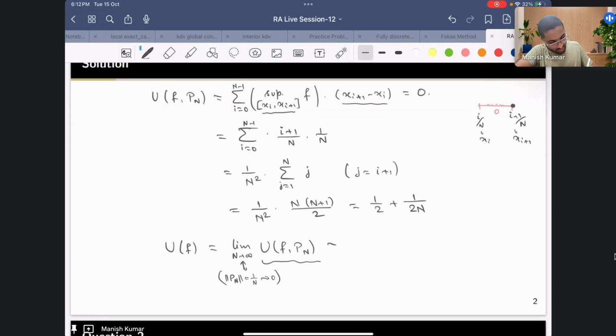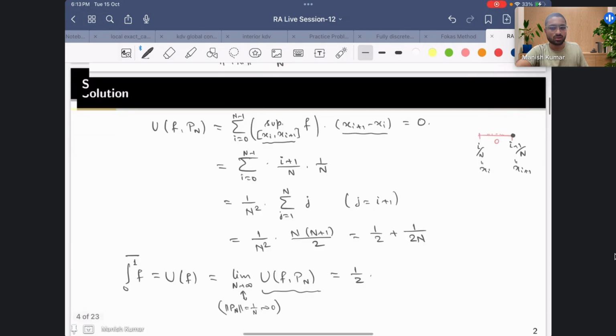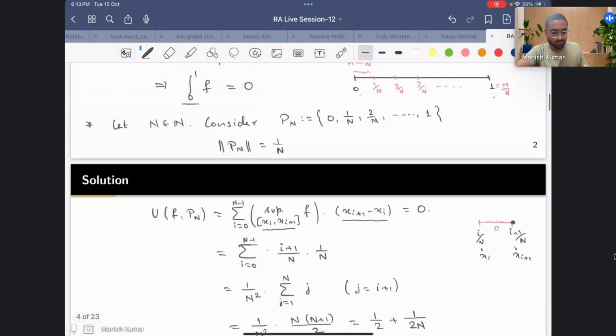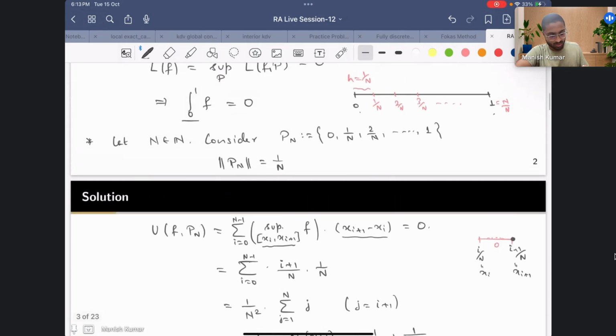Now in this case you can clearly see that this is nothing but half. So your upper integral from 0 to 1 of f is turning out to be half, while the lower integral was coming to be 0. Correct? So clearly these two values are not equal, so the function is not Riemann integrable.